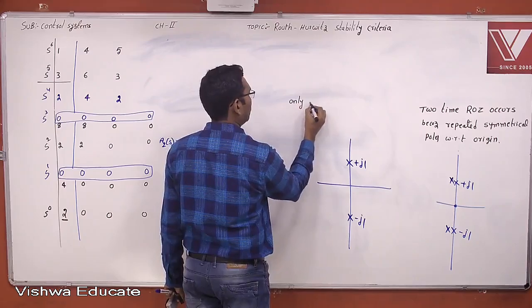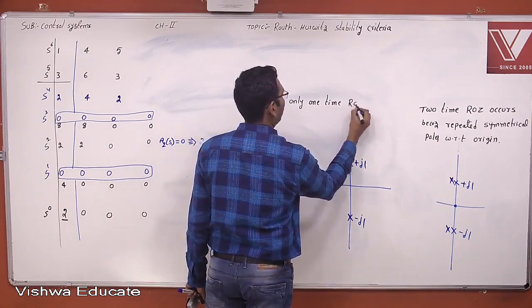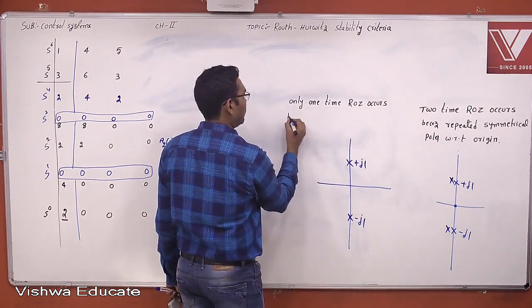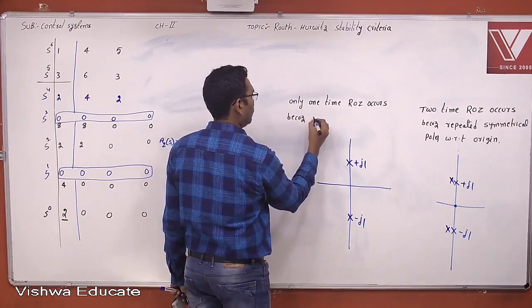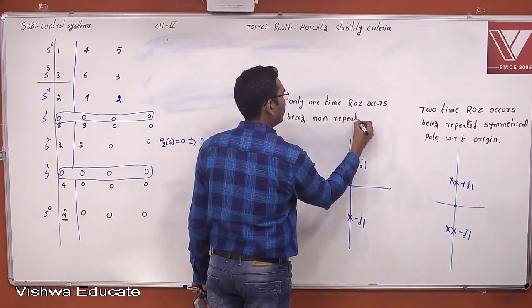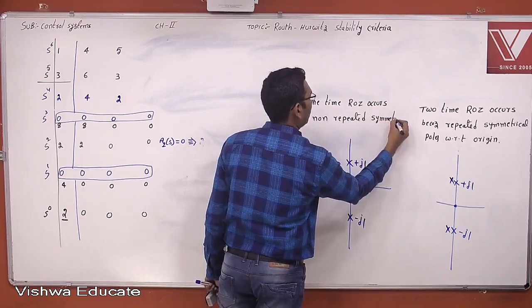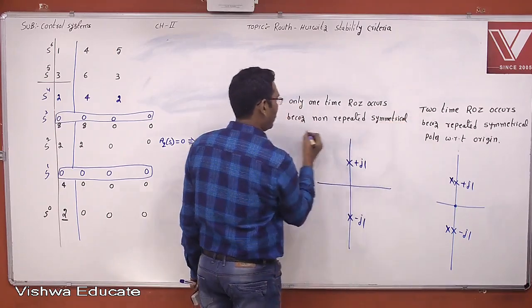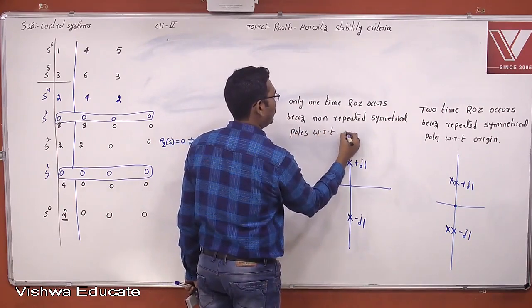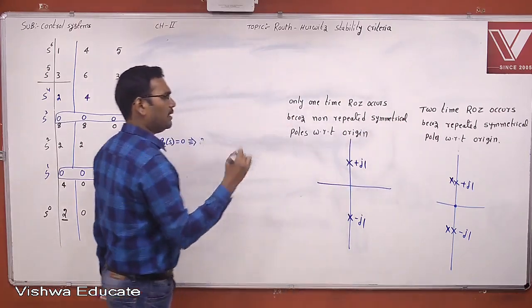Only one time the row of zeros occurs because of non-repeated symmetrical poles with respect to origin.